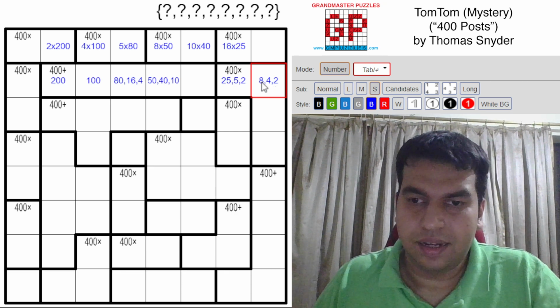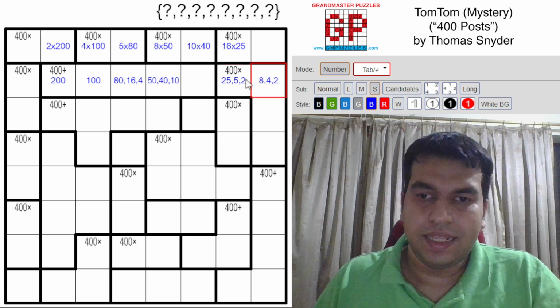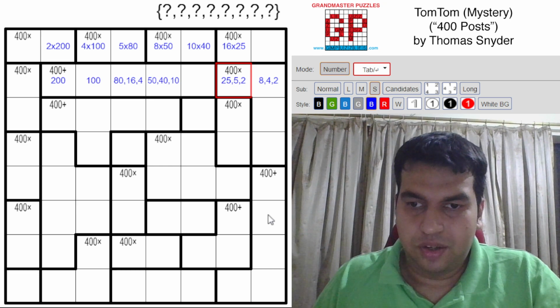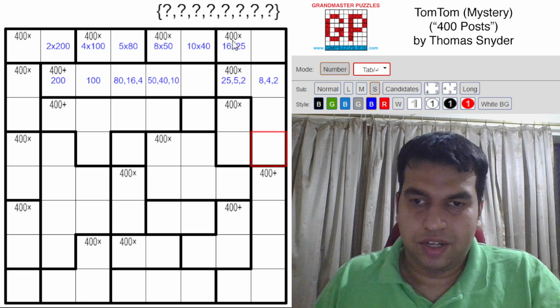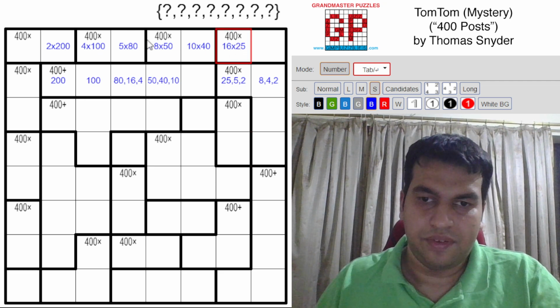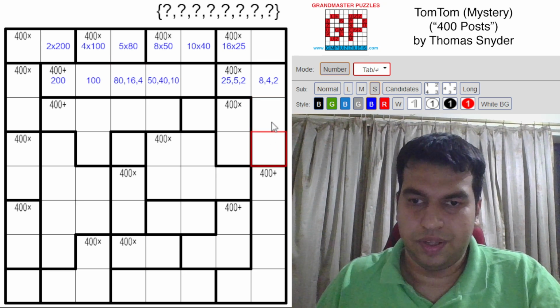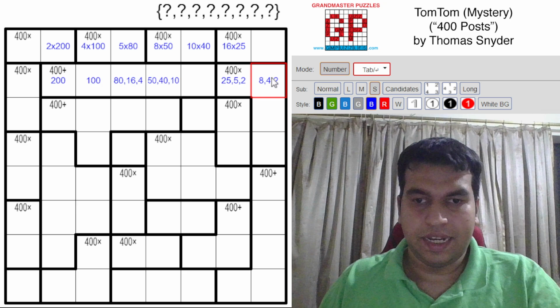If it's 4 and 8, that's 32, and 400 is not divisible by 32, so that option is gone. If it's 2 and 8, then it's 16, and we need 25 over here. And we don't really have a way to make 25 in two cells from our numbers. So we have a 25, but we don't have a 1, and obviously 5 can't repeat over here. So the other option is 2 and 4. So that gives us 8.